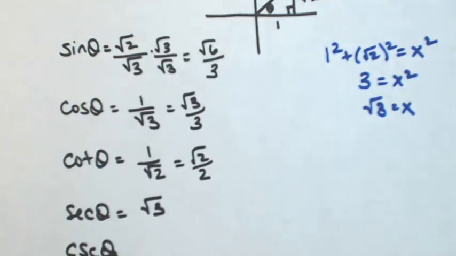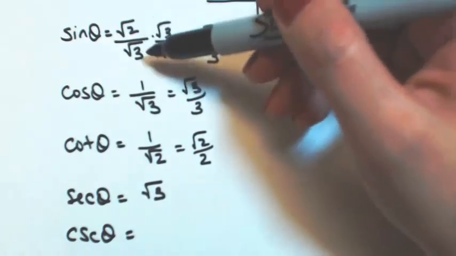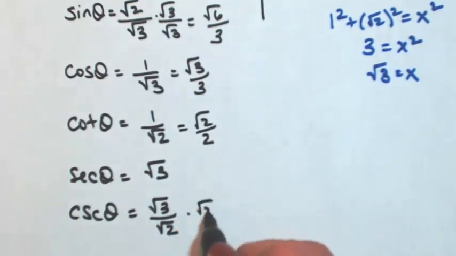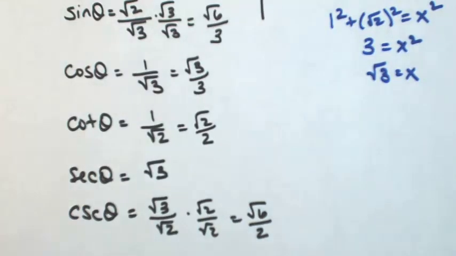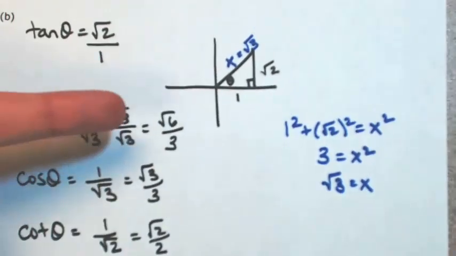And then for cosecant of theta, that's the reciprocal of sine. Again, I'll go back before I rationalized. So square root of 3 over square root of 2. If you ask me, I think that's a lot easier. So I think from here on out, anytime you're given a trig function and you know where the angle is, just draw the right triangle.